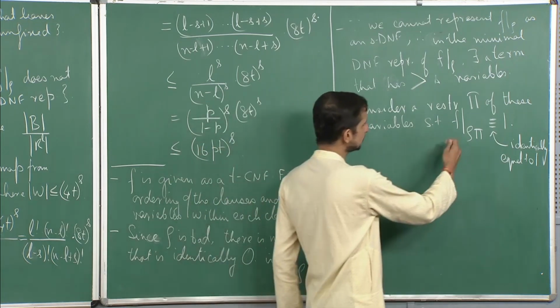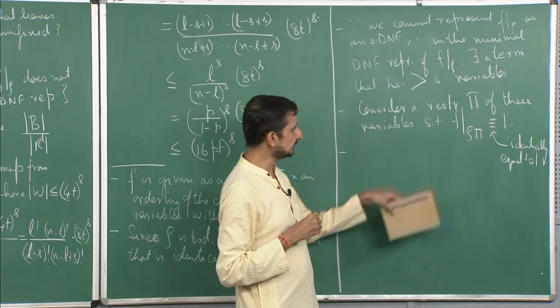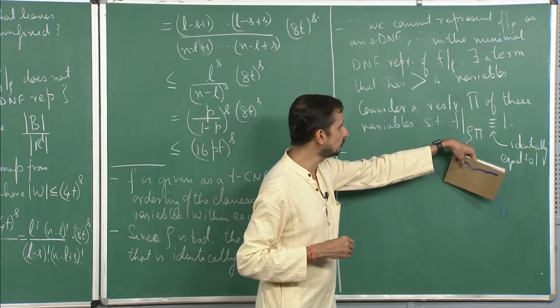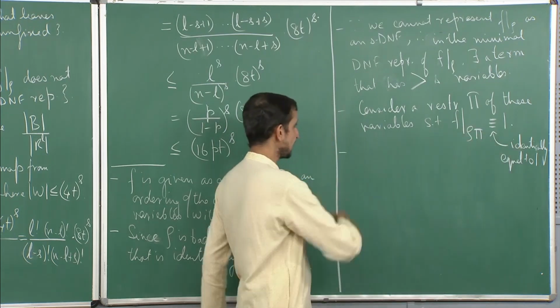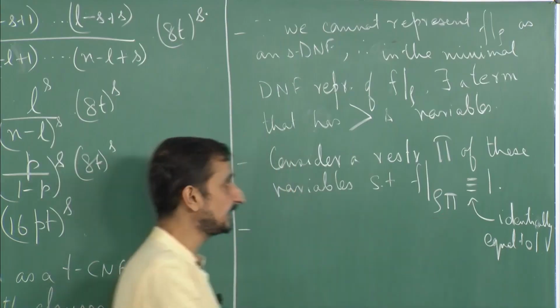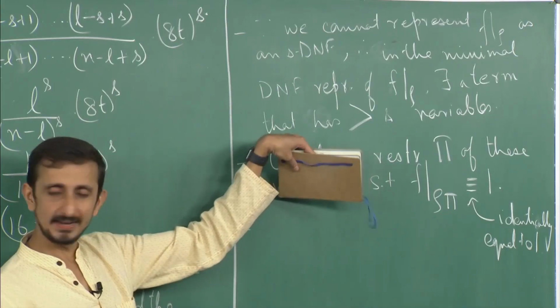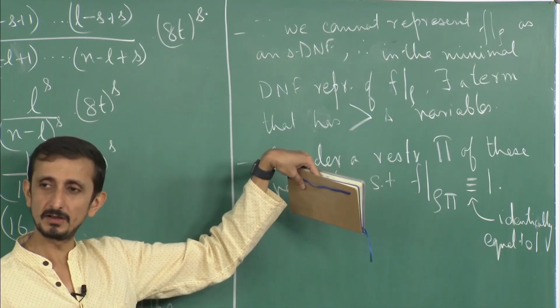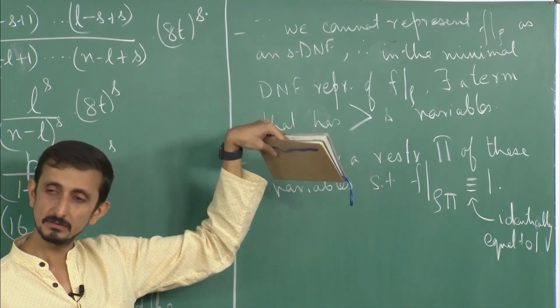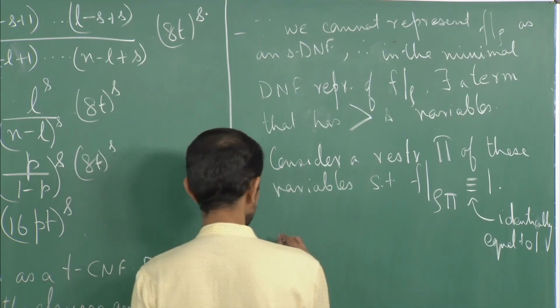Now because f restricted to rho pi is setting this to 1, if I look at this restriction in the CNF representation, what does it say about the CNF representation?